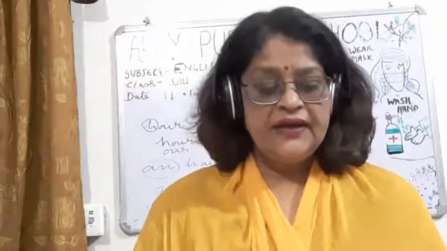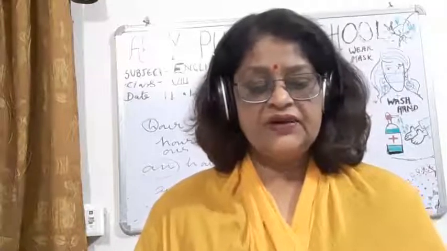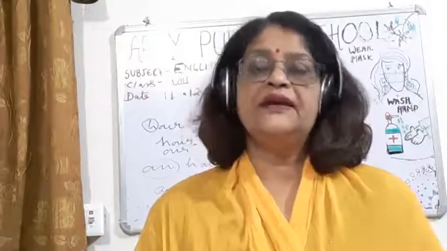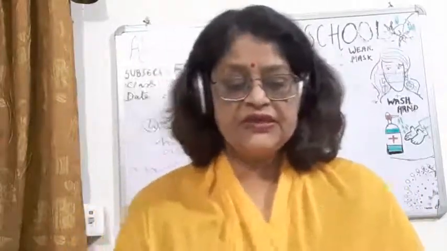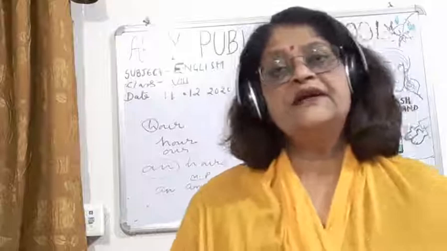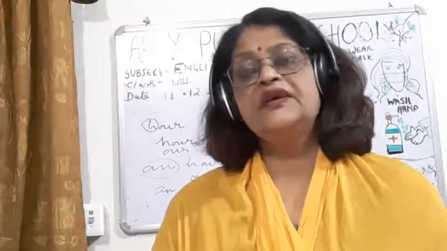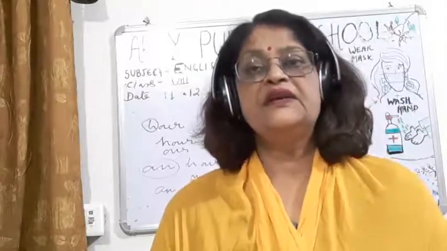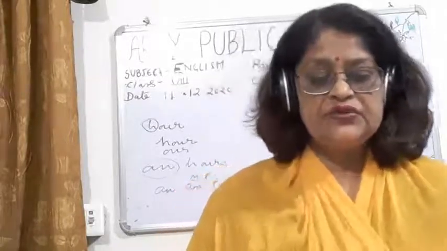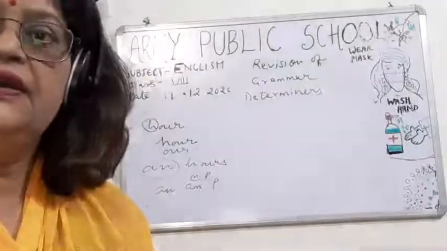And with uncountable nouns, we do not take a or an. Like we don't say a milk, a sugar, an iron, a hair. So with uncountable nouns, we will never use a or an. Children, these are some of the important uses of a or an.